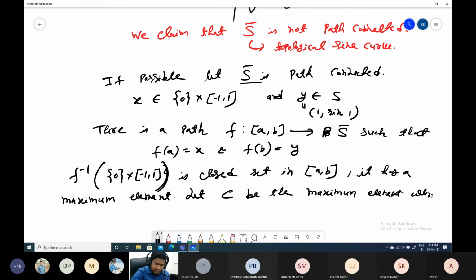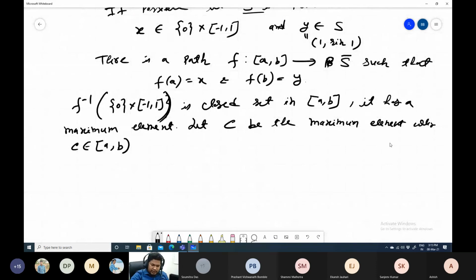Okay. So let C be the maximum element, where C belongs to that set. क्योंकि हमें पता है then C तो b तो हो नहीं सकता, तो ये a हो सकता है, [a, b). Okay. Now then restrict f to that [c, b].